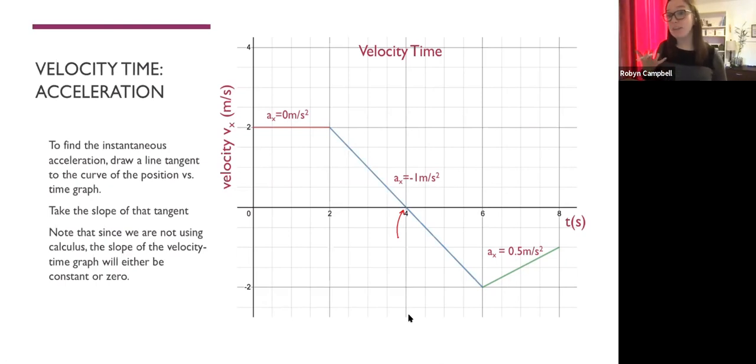I'm not going to give you anything more complicated because you need calculus in order to solve that. So it's going to be linear, so finding that slope is going to always be a number. Or, I mean, it's going to be 0 or some other number. So all you need to do is take the slope of the tangent and graph that.